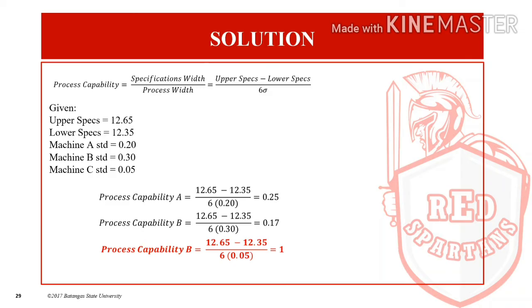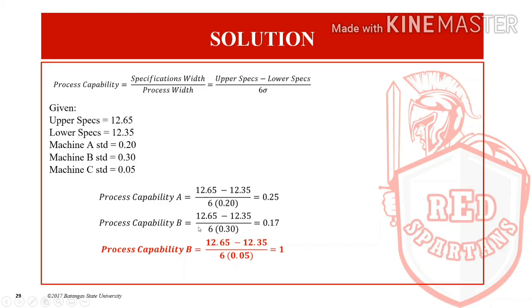So, ang formula natin gagamitin is the process capability or the specification width over the process width, or the upper spec minus the lower spec over the 6 sigma. So, ang upper spec natin, 12.65, lower spec is 12.35. Then, meron tayong standard deviation for each machine. So, process capability for machine A, substitute lang, 12.65 minus 12.35 over 6 times 0.2, so 0.25.